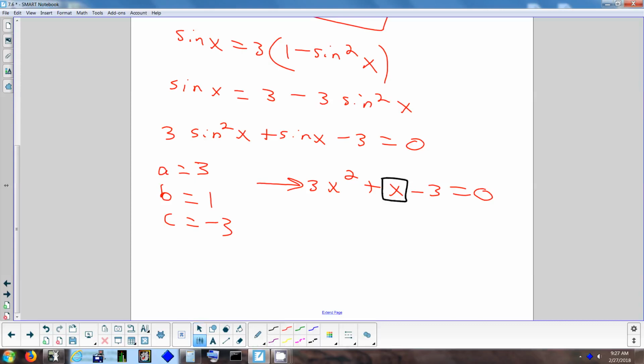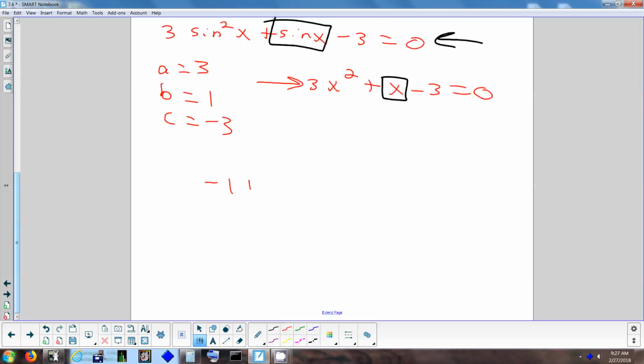So now, when we do this one, we're solving for the thing that's right there. You're not solving for x, you're solving for sine x. So once you use the quadratic formula, you put those answers and set them equal to sine x. Don't set them equal to x because they're not x. Okay, so let's go through it and see what happens.